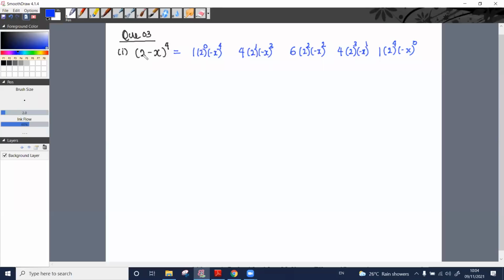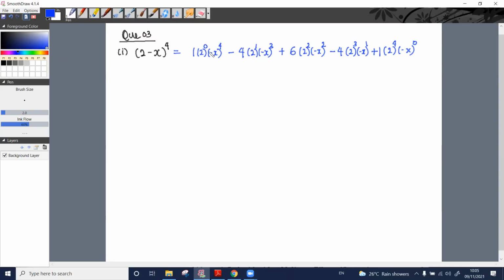And then within the brackets, we can see there is a deduction. So how can we determine our signs here? Plus, then minus. Again plus, minus, and plus. Now we can simplify this. 2 to the power 0 means 1.